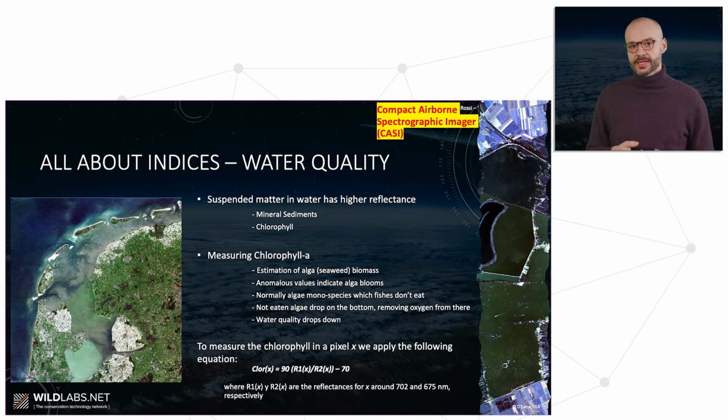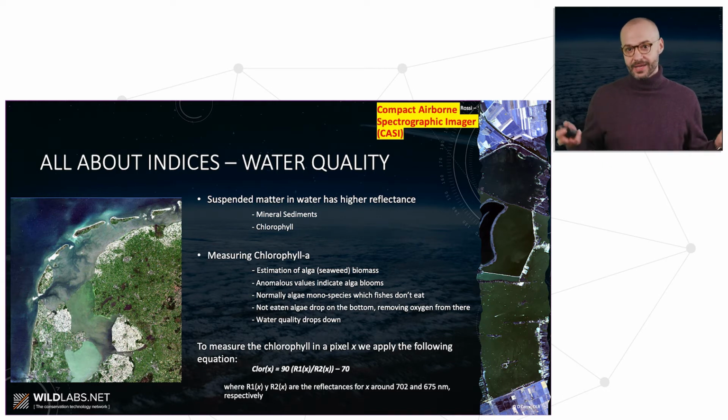An example is to measure water quality. We have a specific example here of a lake in the Netherlands that is quite important because it's a drinkable water reserve, so it must be kept free from algae.